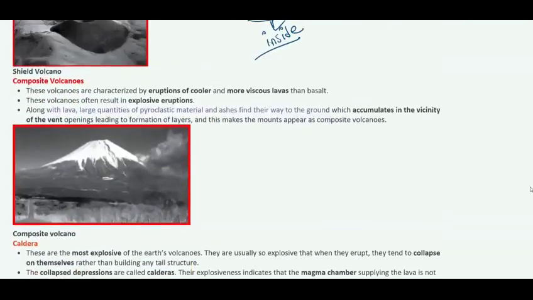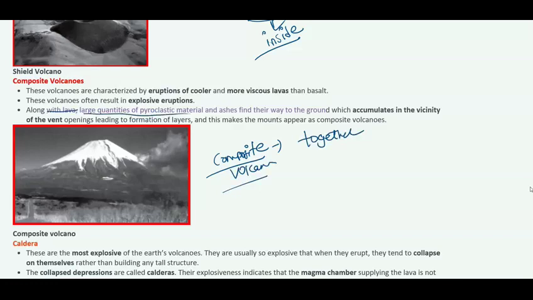Shield volcano, composite volcano. The composite mainly refers to things coming together. That means composite volcanoes mainly consist of lava, along with a large quantity of pyroclastic materials, that means temperature based materials, and ashes.